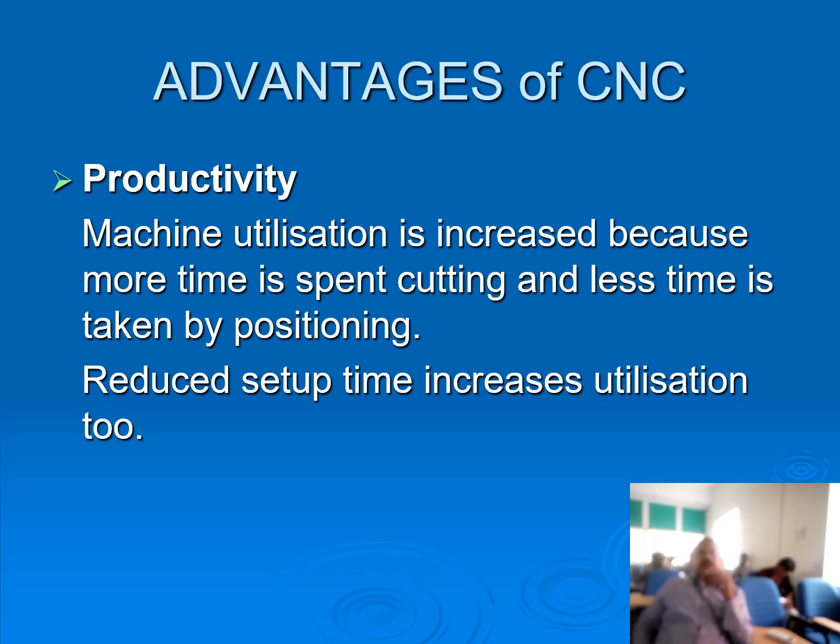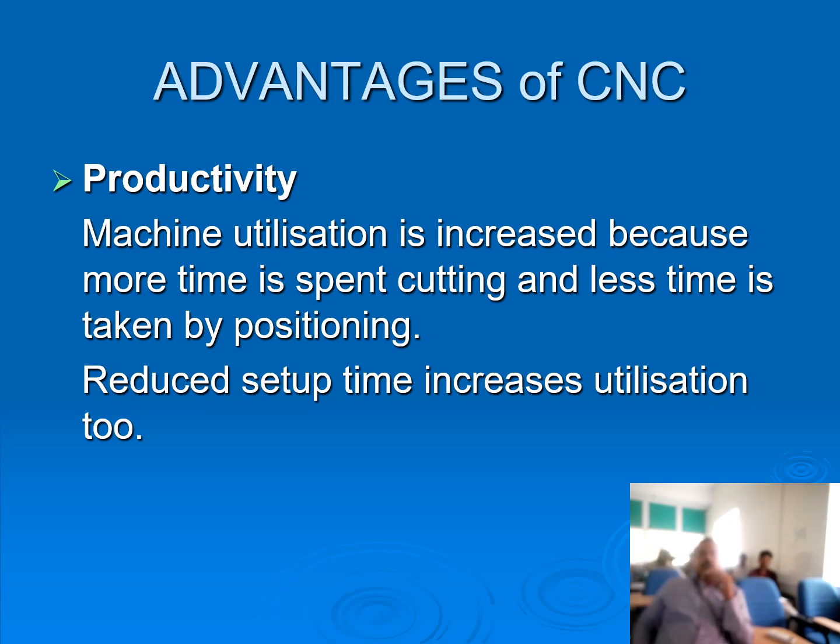And the advantages of CNC. The first thing is productivity. Compared with human beings involved in manufacturing, the production rate will be less when human beings are involved. Whereas when you make use of these machines, the production rate is increased.